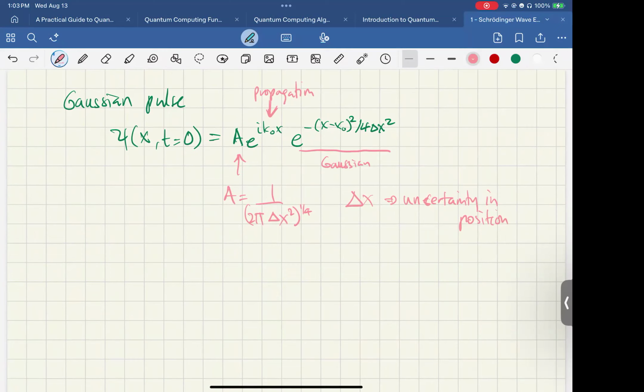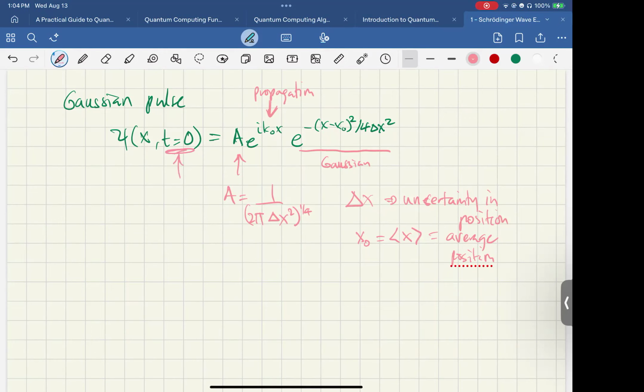So if this delta x is the uncertainty, then your average position is obtained by taking the expectation value of x. Okay, alam na natin yan. When you take a measurement of an observable, in this case position, you use the expectation value, and then you get the average position. Now, why t equals 0?